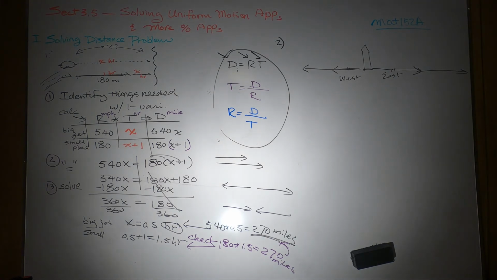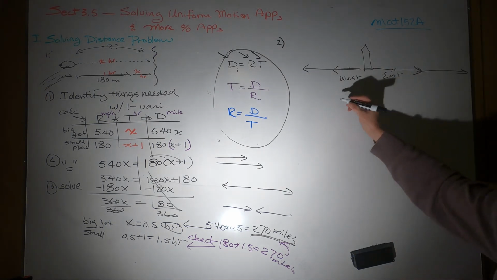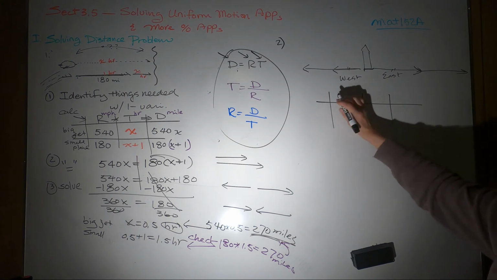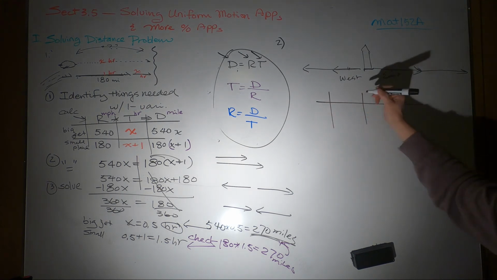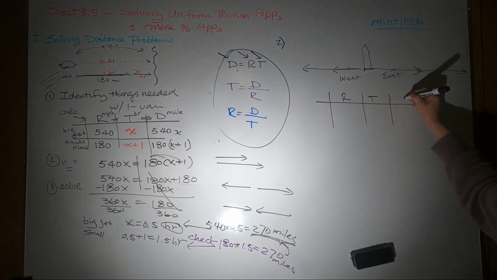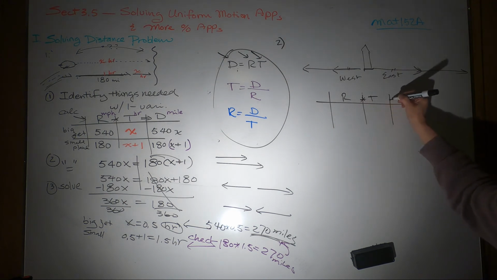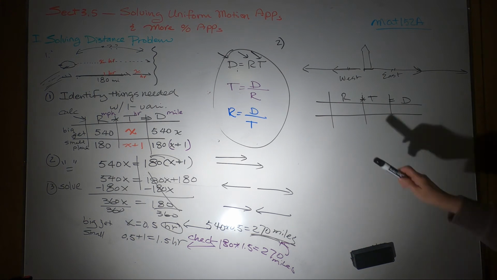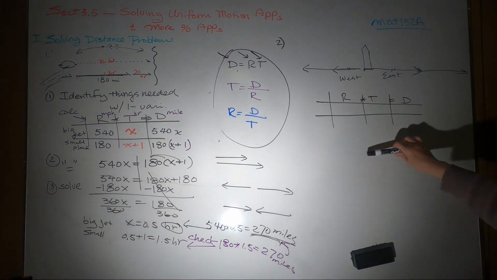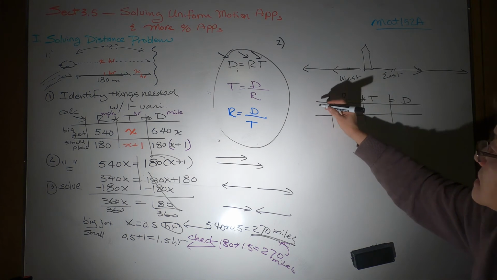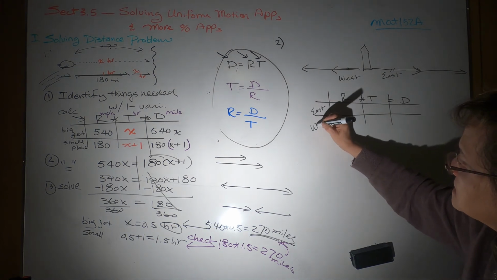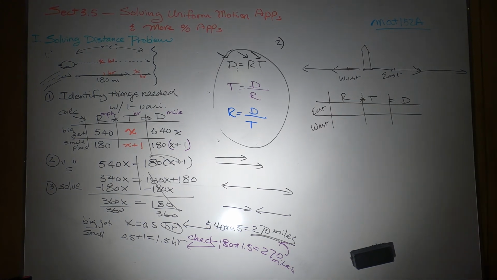So for the third problem type, we use that table. For the calculation, you write on the top, right? So you write RTD. For the different cases, you list them out horizontally. So this is your eastbound, this is your westbound, right?